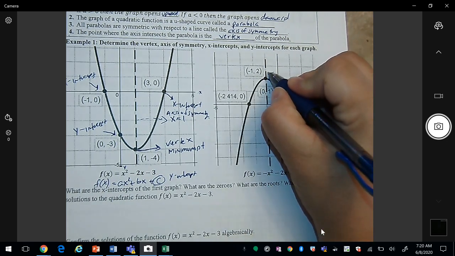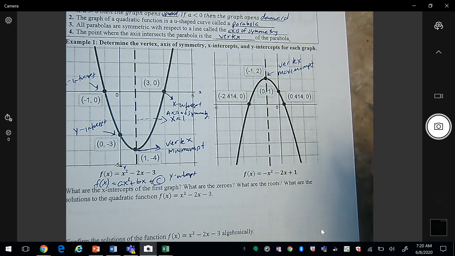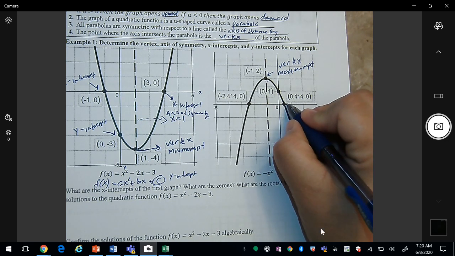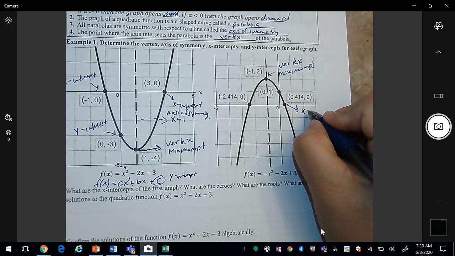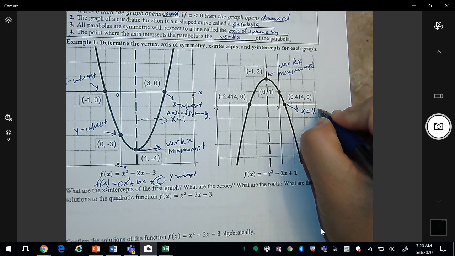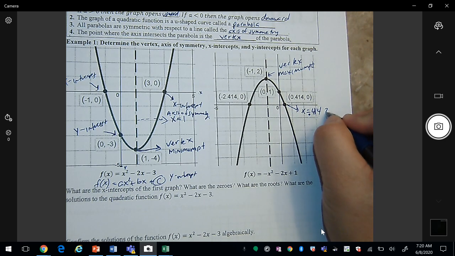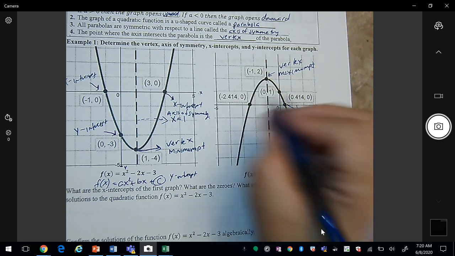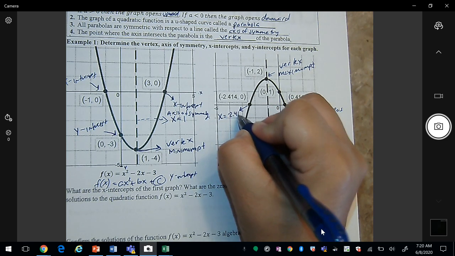Over here we have our vertex, and this time we say it's the maximum, since it's the highest part of the graph. We have this as your x-intercept. Remember, these are also called zeros. And this other x-intercept is at x = -2.414.